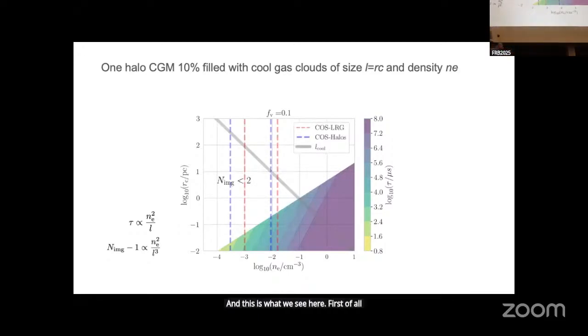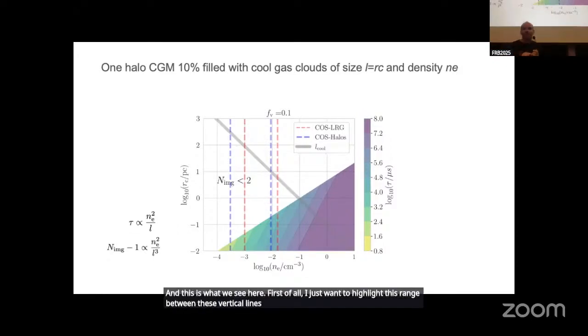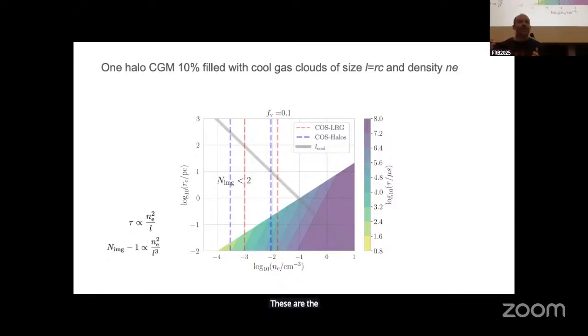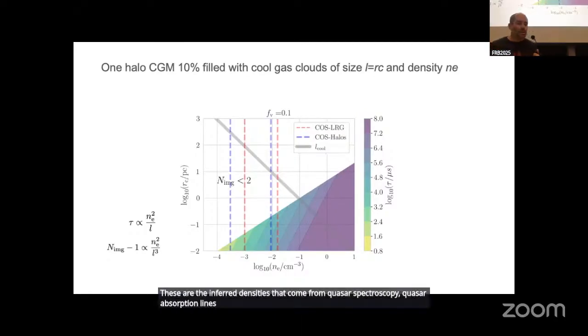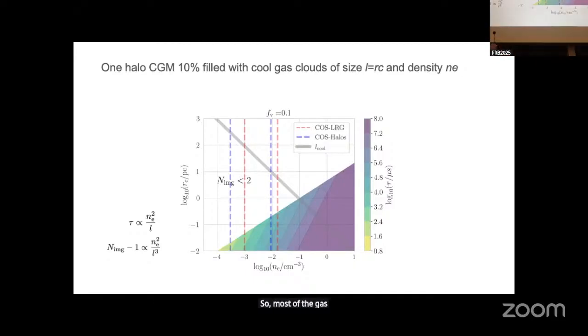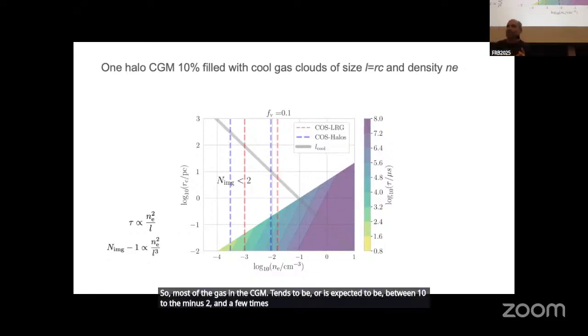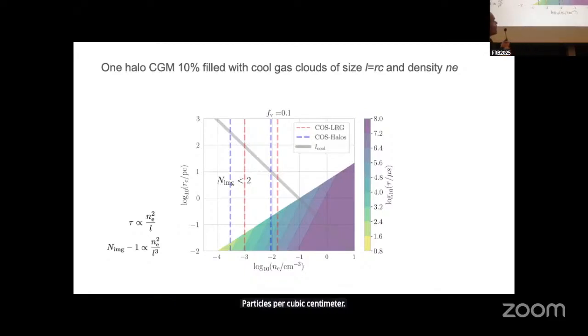First of all, I just want to highlight this range between these vertical lines here. These are the inferred densities that come from quasar spectroscopy, quasar absorption lines. So most of the gas in the CGM is expected to be between 10 to the minus 2 and a few times 10 to the minus 3 particles per cubic centimeter. So this is what we expect for most of the CGM gas.